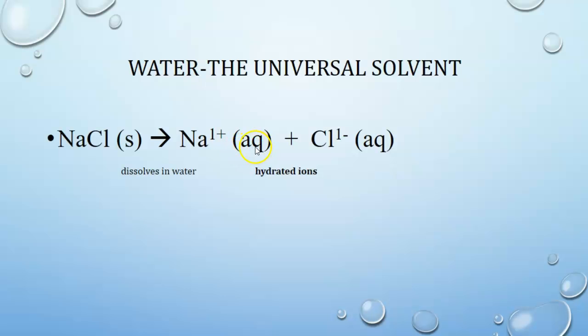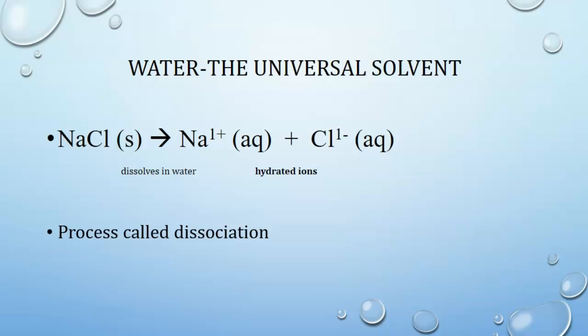We know this AQ means aqueous or dissolved in water. So when a substance is aqueous, it means that the ions of that substance are dissolved in water. Now the process by which this occurs is called dissociation. Association means to come together.